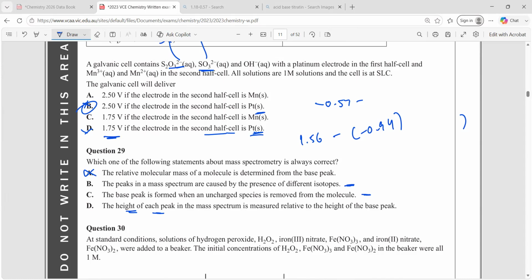Yeah, so generally speaking, that is true. So we do it relative to the most abundant ion. The peaks in the mass spectrum are not caused by the presence of different isotopes. I don't know, they can be, right? But mostly it's because of the ionization and the fragmentation of a molecule. And it should be a charged species that's removed from the molecule, right?